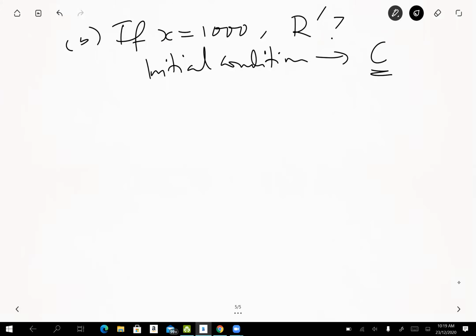If you are looking at revenue, what is an initial condition that we normally know without it being given? That point is always true for revenue.